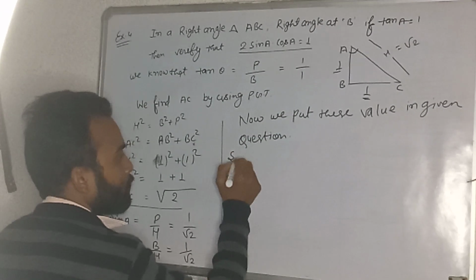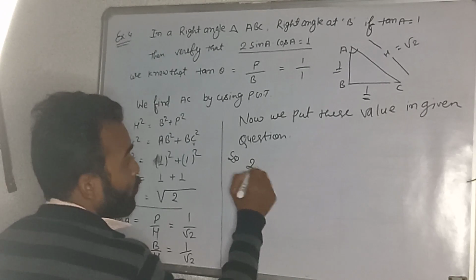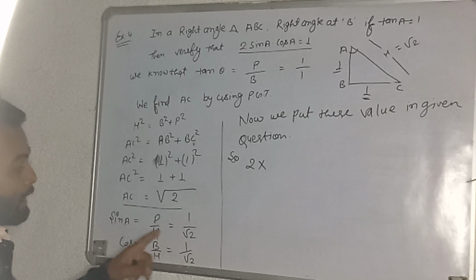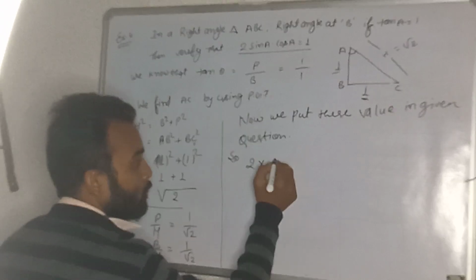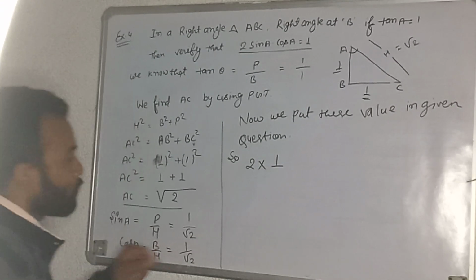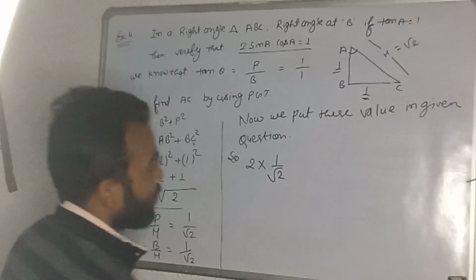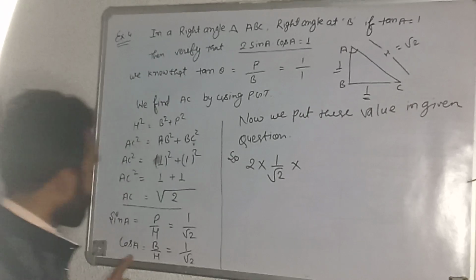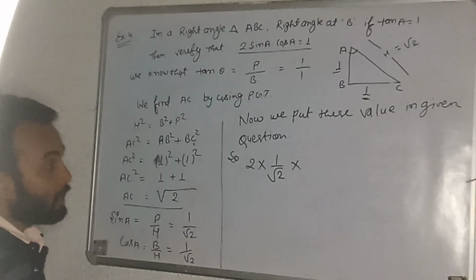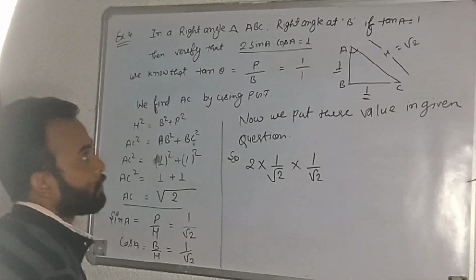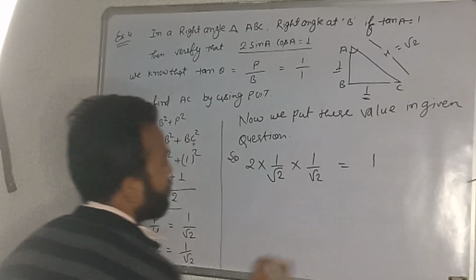So 2 into sin A. Sin A is equal to 1 by root 2. Multiply cos A. Cos A is equal to 1 by root 2. 2 into 1 by root 2 into 1 by root 2 is equal to 1.